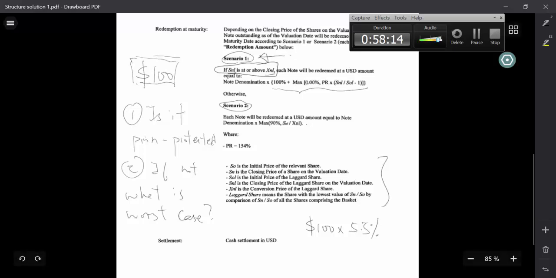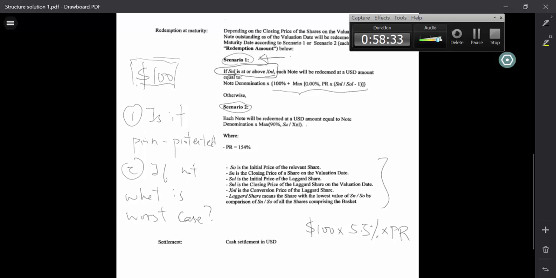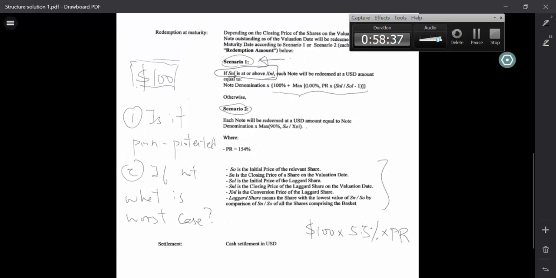Now, notice there is a participation rate here. Actually, I need to take a step back and share with you the way we price these things. If you are an investor, you are basically buying an option of some kind and selling an option of some kind.